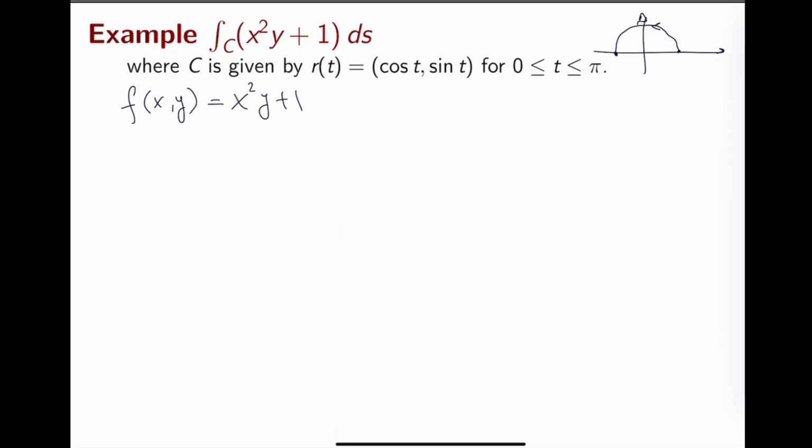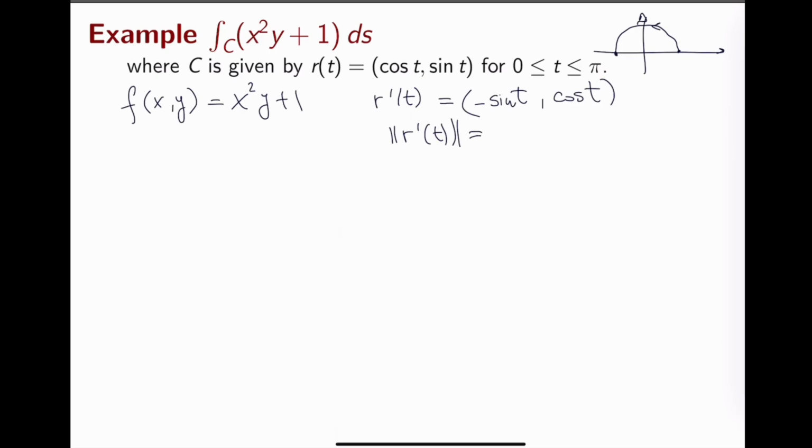Okay, so according to the definition that we just saw, besides the curve, we need to have the derivative of the curve. So we calculate the derivative of the curve. That will be the derivative of cosine, which is minus sine, and the derivative of sine, which is cosine. And once you have the derivative of the curve, what we need is the norm of this derivative.